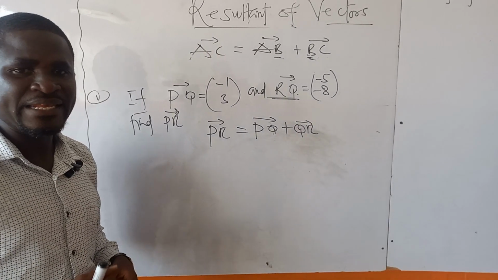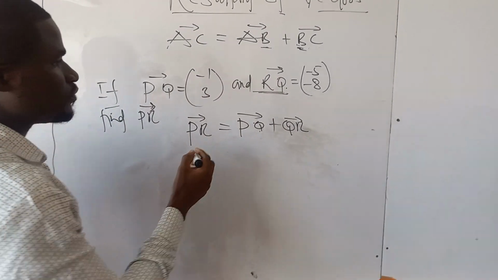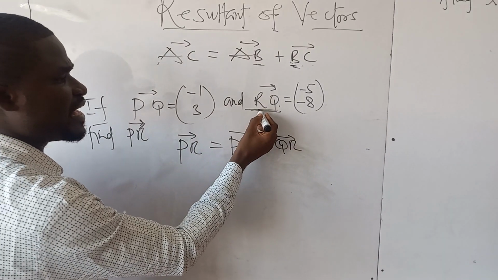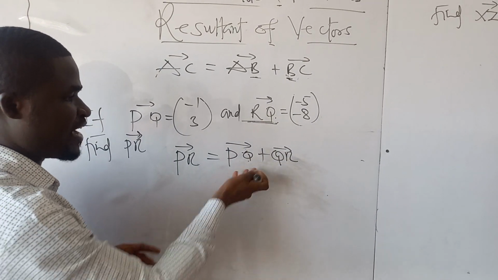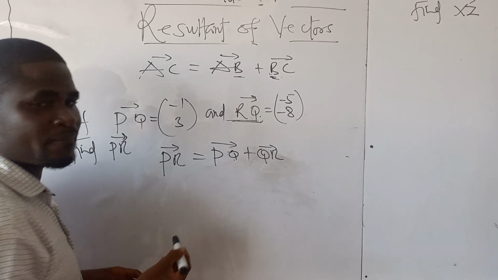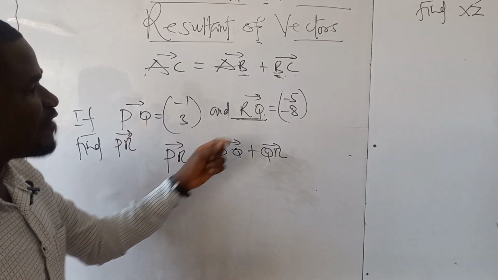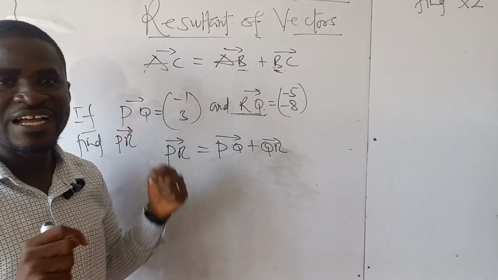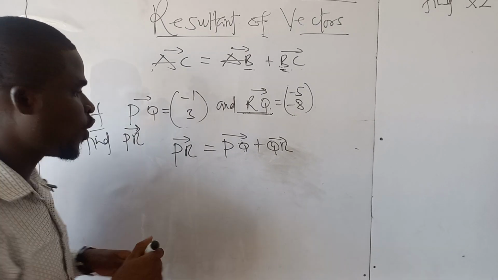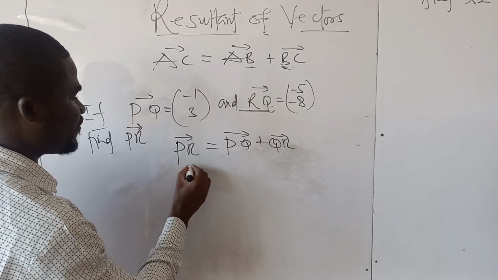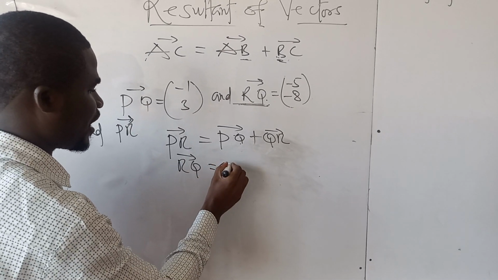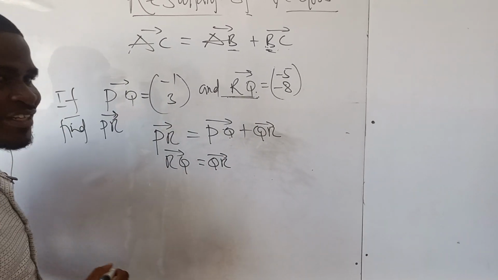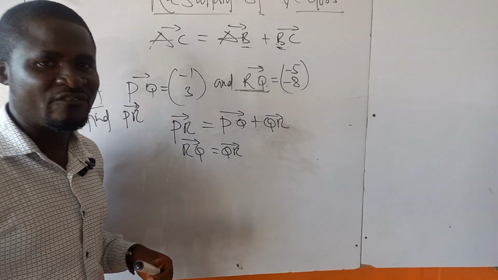Good. Now let's go and add them. In the question, they give us RQ. But when you are solving it with the formula, we have QR. It means that you have to inverse this vector. So the inverse of RQ is the same as QR. Do you remember inverse of vectors?